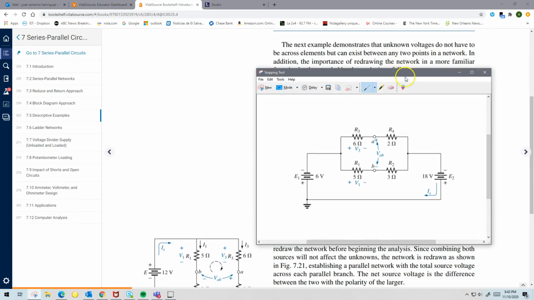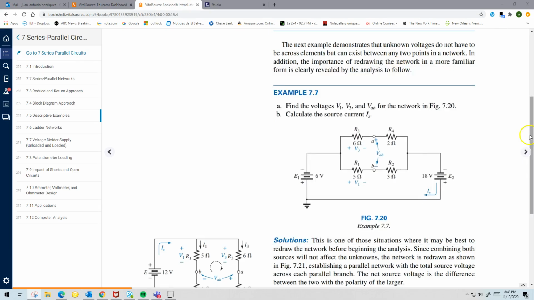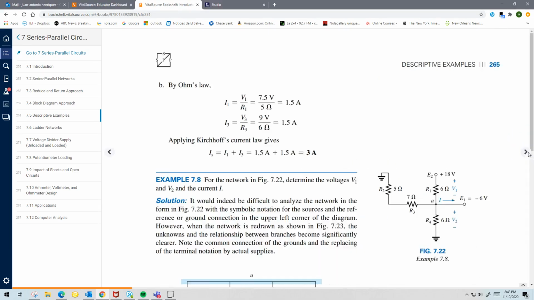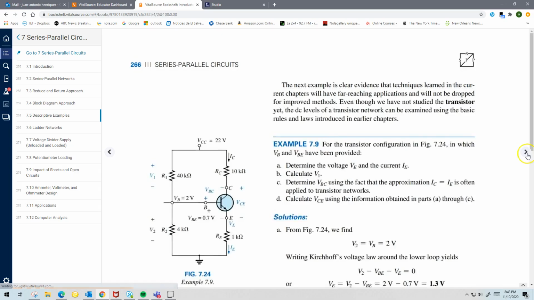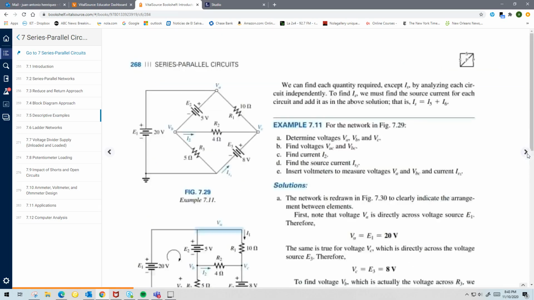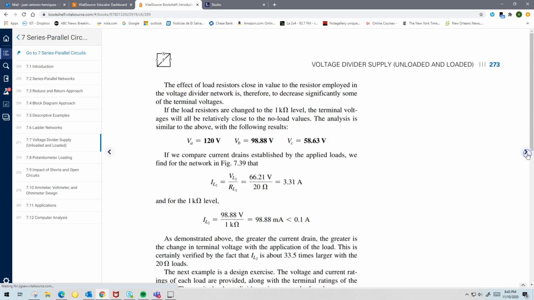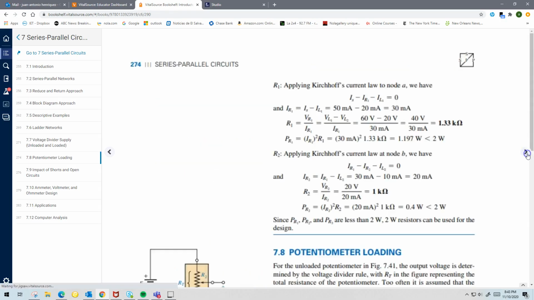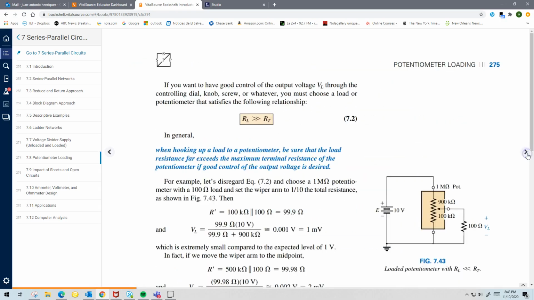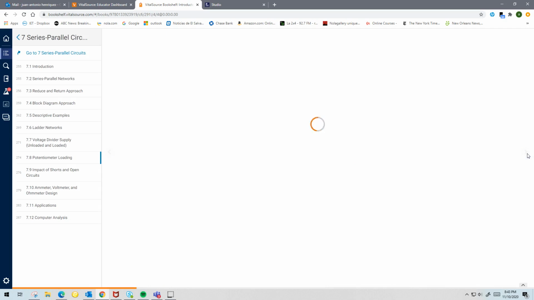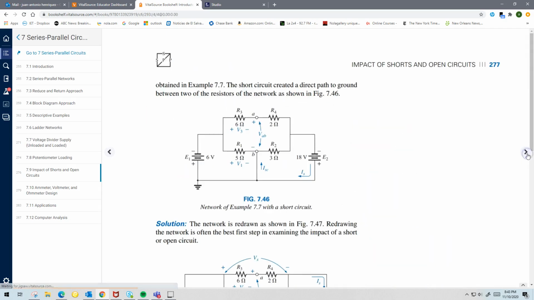I'm going to keep this one. I'll bring it back in a moment. So let's go back to our example that we were looking at just now.